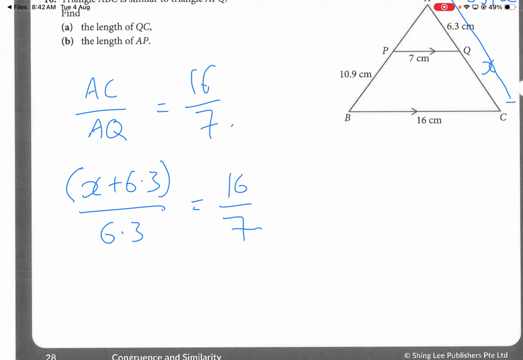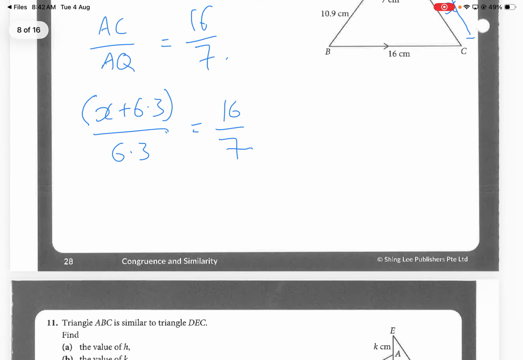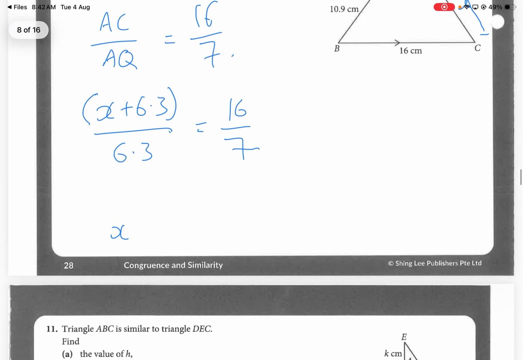Then, what I want to do now, finally in solving of equation, I want my unknown on one side. Everything else, all the numbers, put on the right hand side. So now I have X inside the bracket. I cannot touch my X first. What I can do is, I remove the 6.3 first. How do I remove the 6.3?